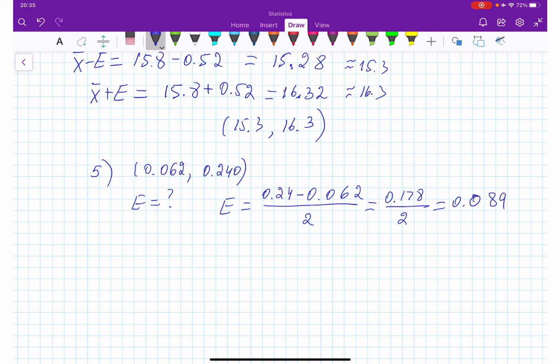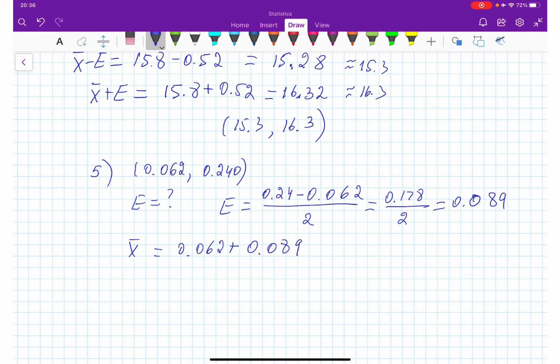Okay. And to find the sample mean, x bar, we are going to take the lower end of this confidence interval, which is 0.062, add our margin of error, which is 0.089.